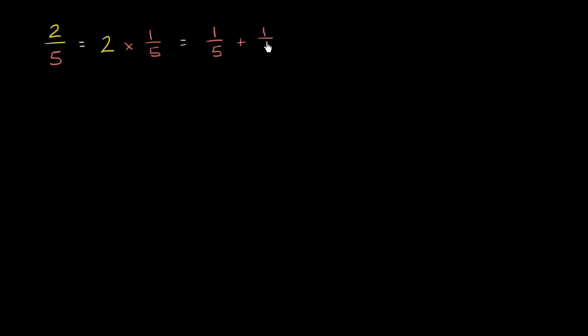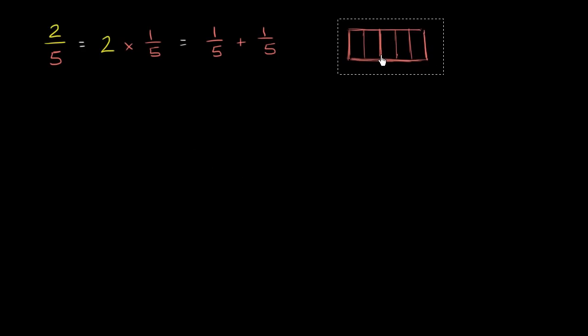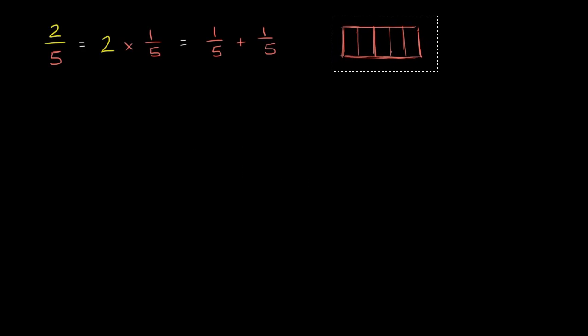So 1/5 plus 1/5. And if we wanted to visualize it, let me make a whole here and divide it into 5 equal sections. And so this represents 2 of those fifths. This is the first of the fifths, and then this is the second of the fifths. Literally 2/5.